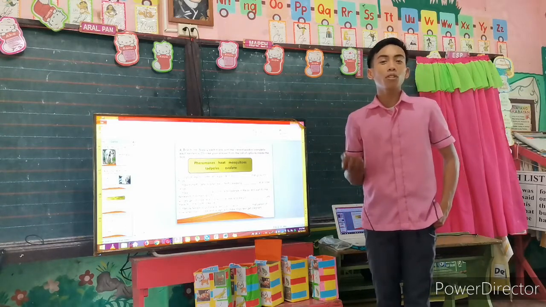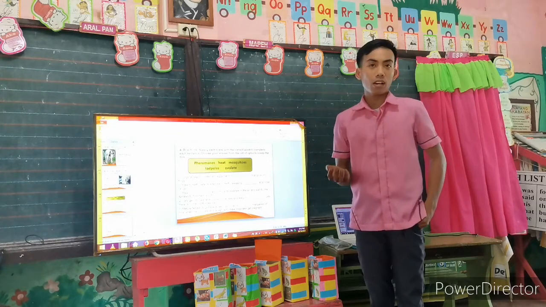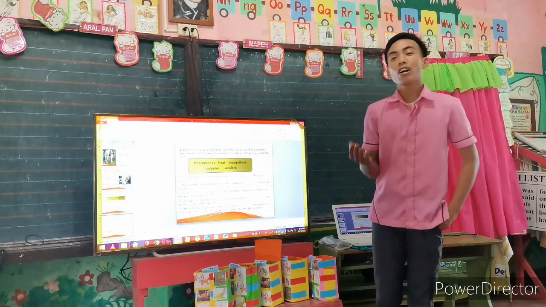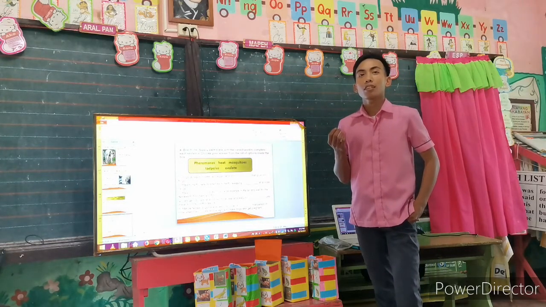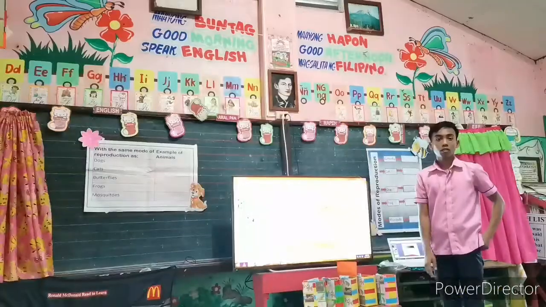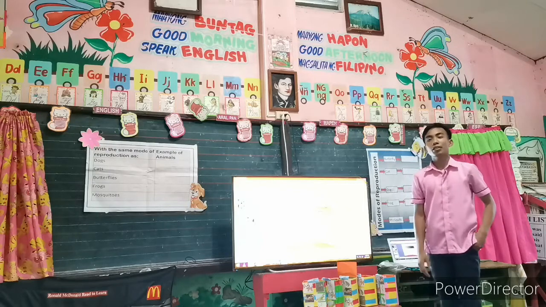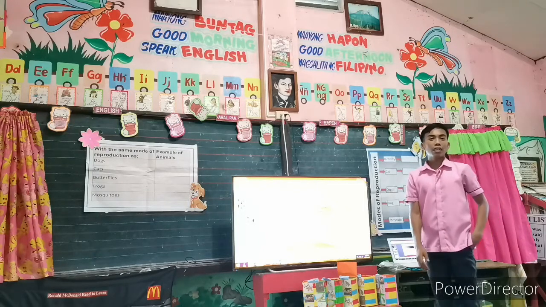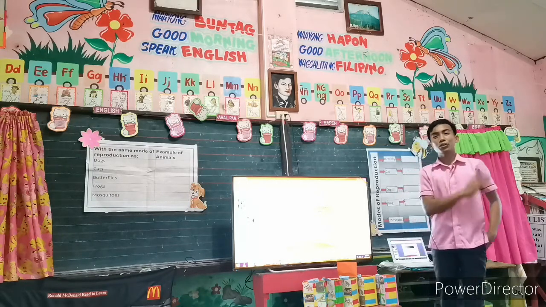And it ensures the continuity of species, generation after generation. Okay, did you understand, class? Did you understand the modes of reproduction of butterflies, frogs, mosquitoes, dogs, and cats? And also the frogs? Okay, very good.